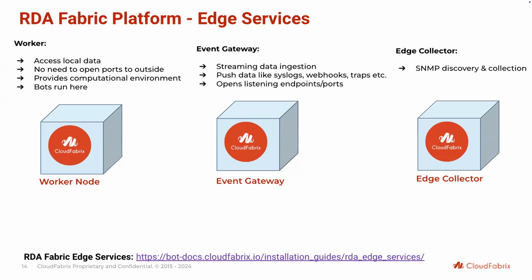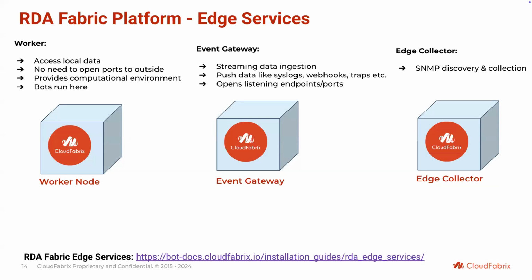And then we have the event gateways, primarily used for streaming the logs data from your different infrastructure endpoints. And then we have the edge collector, and it's primarily built to integrate with endpoints using the SNMP protocol. Any SNMP-based data collection, we use this edge collector service, where we build the pipelines and execute.